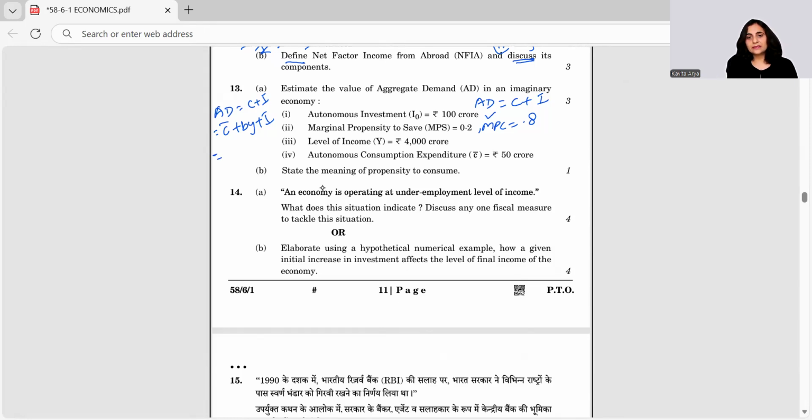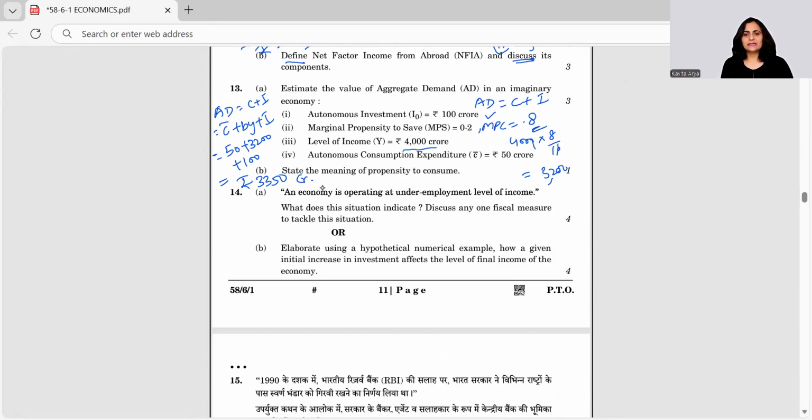C bar is 50, plus b, MPC 0.8, of 4,000. So 4,000 multiplied by 8 divided by 10, this is 3,200. So 3,200 plus I, autonomous investment, is 100. So 3,200, 3,300, 3,350. The data is in rupees crores, and that's my answer.